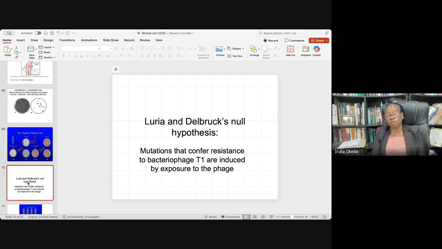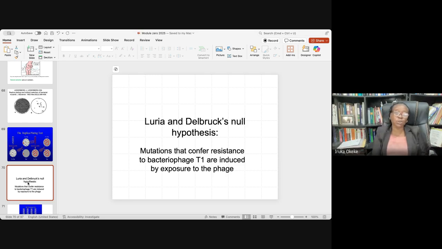So they noticed that every now and then there are bacteria that are sensitive, you infect them with T1 phage, and there are survivors, and the descendants of those survivors remain resistant. So the scenario is exactly the same as Lederberg and Lederberg, except they're using bacteriophage instead of streptomycin.